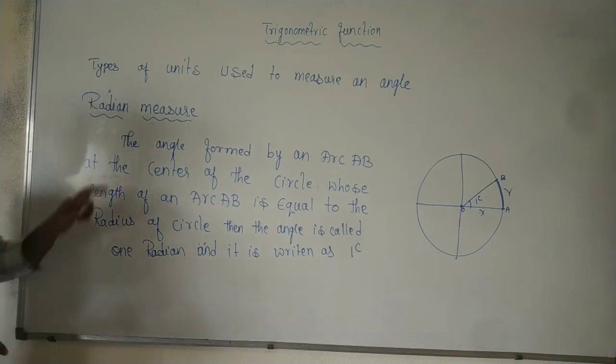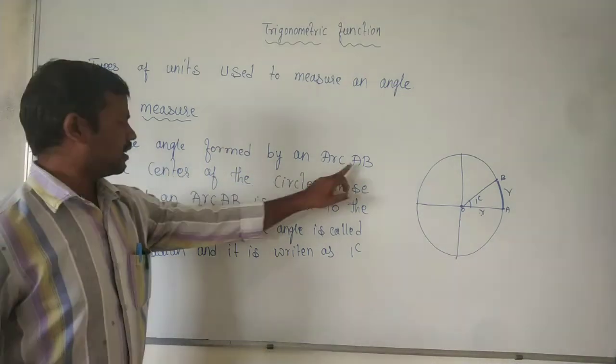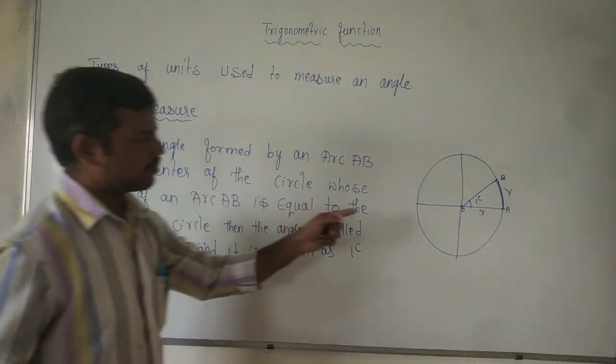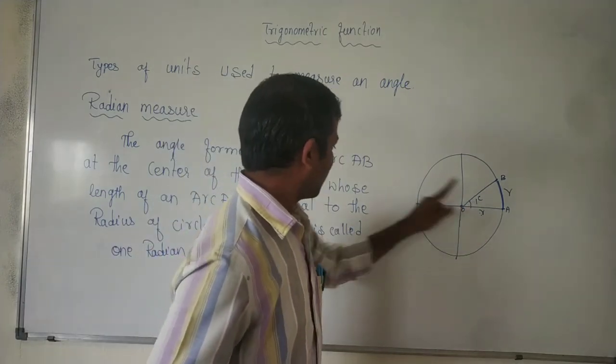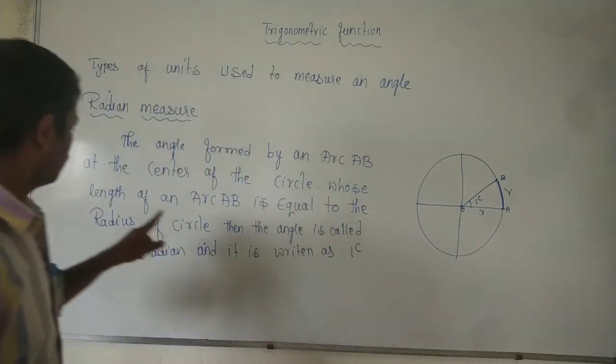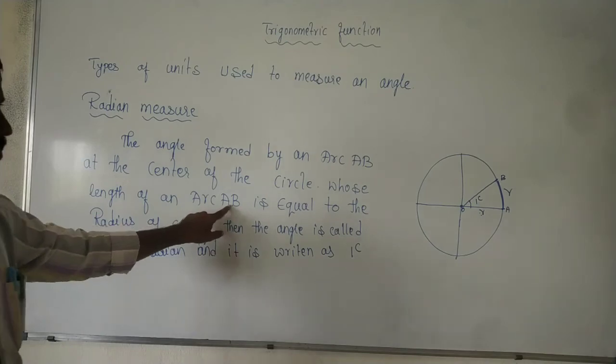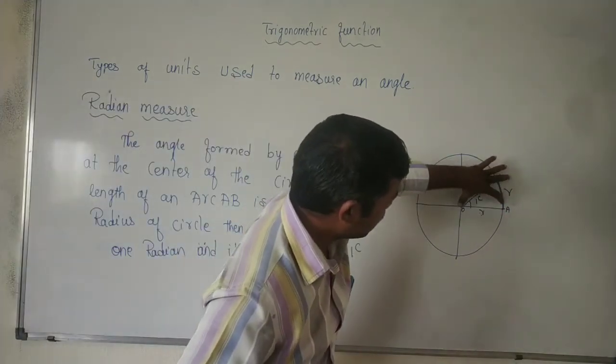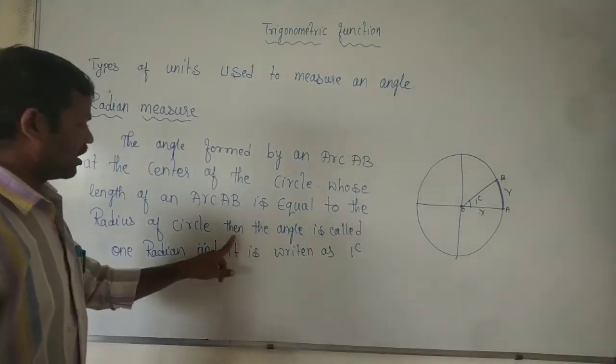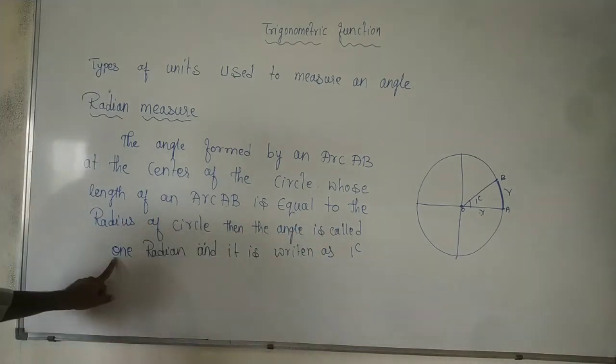Note: the angle is formed by an arc at the center of the circle whose arc length AB is equal to the radius. Then the angle is called 1 radian.